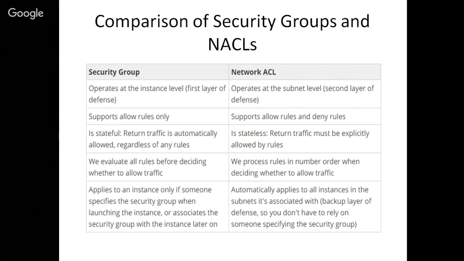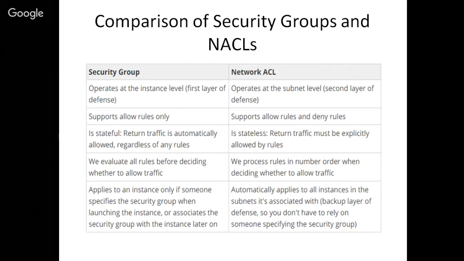But in network ACLs, there is a priority which you can define with each rule, so it will read those rules with the priority. I will create some security rules and assign some priority, then change the priority for some of the rules, and show you how it behaves differently.